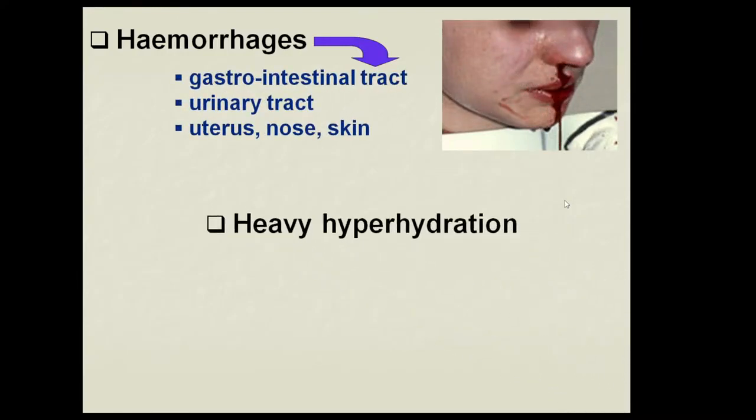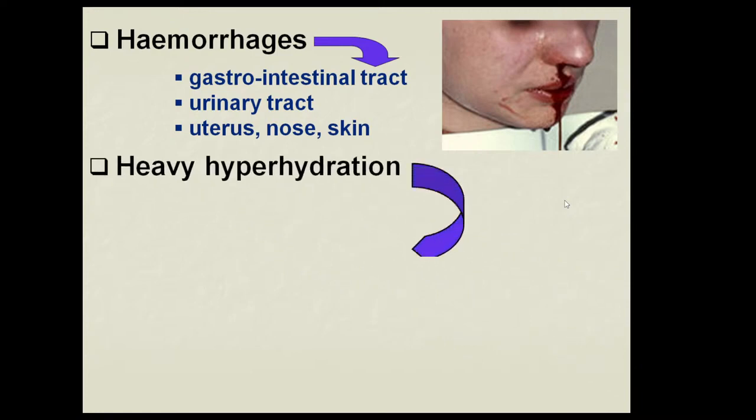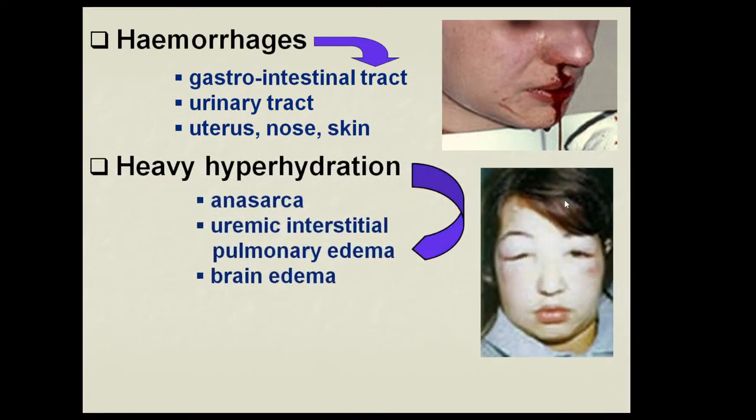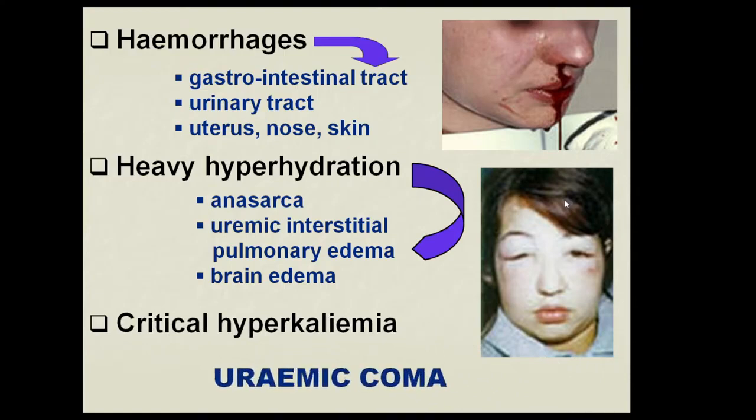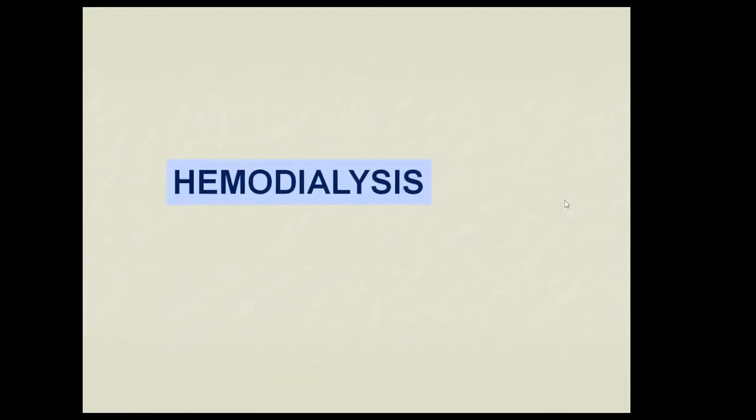We can see different bleeding, which is difficult to stop due to heavy hyperhydration, progressive edema, anasarca, edema spread to all inner tissue, pulmonary edema, brain edema, critical hyperkalemia, and uremic coma, which is manifested with death of the patient.